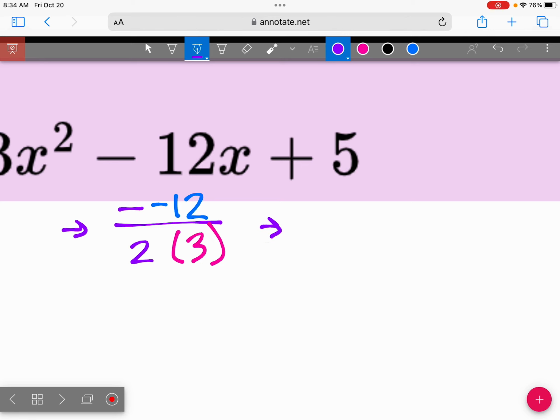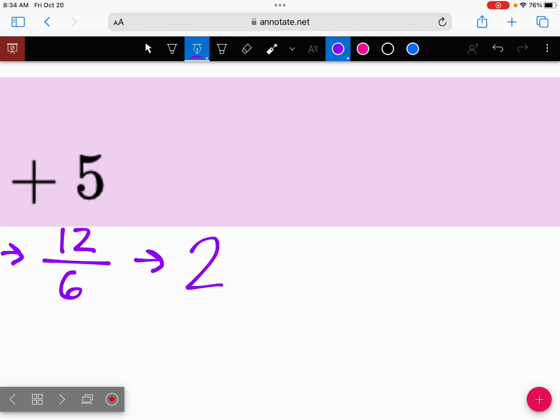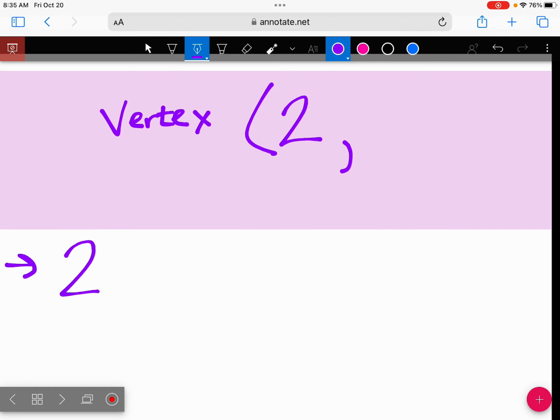So the opposite of negative 12, that's positive 12. 2 times 3 gives us 6. So 12 divided by 6 is 2. So in my vertex, the x is 2. I don't know the y yet, but I know the x.